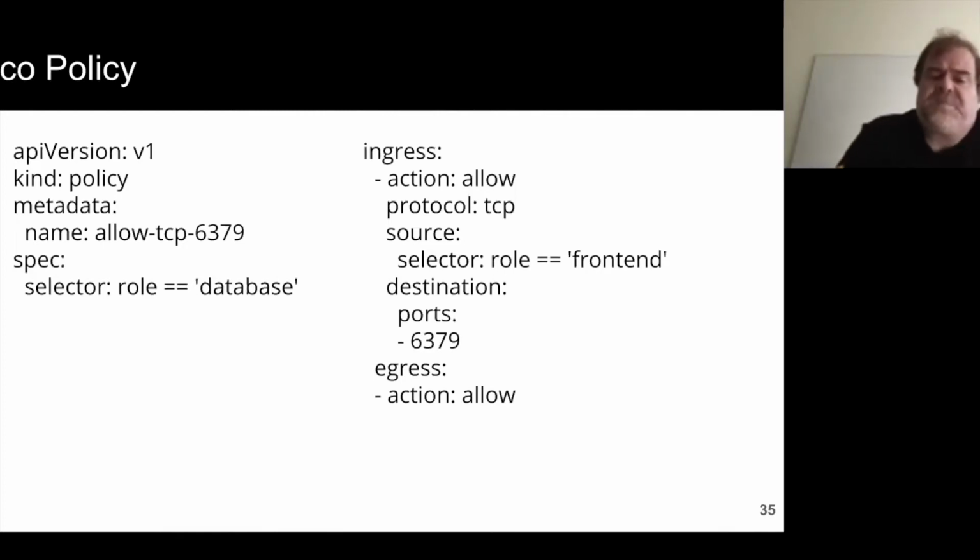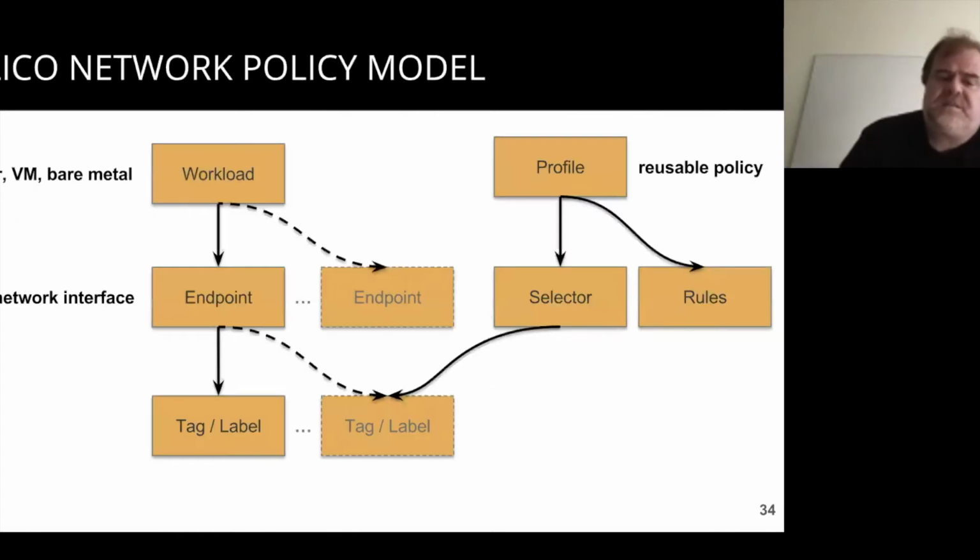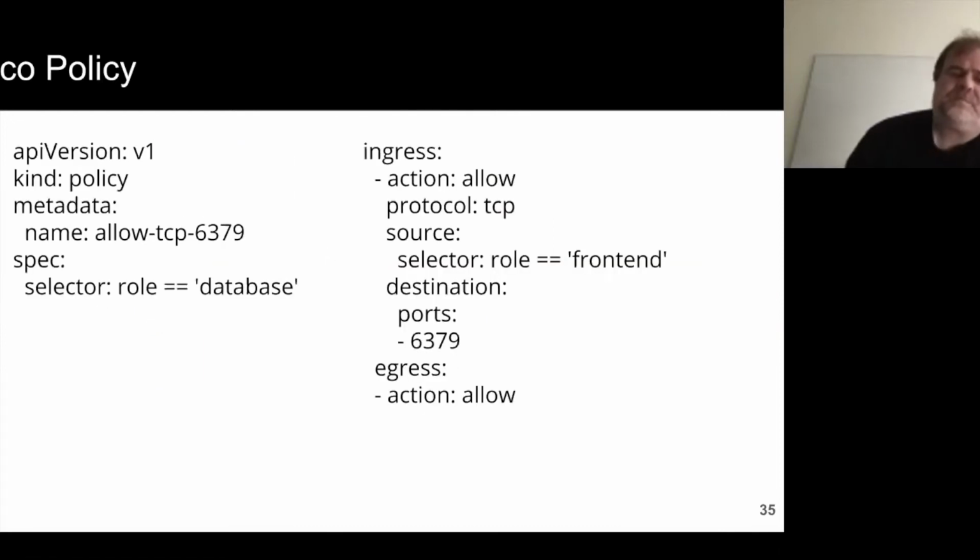What you have in policies is a policy that basically says policy name, etc., and then it has a selector. And then the selector says if something is assigned a key value pair, a label in Kubernetes, says role is database, then this policy is applied to it.